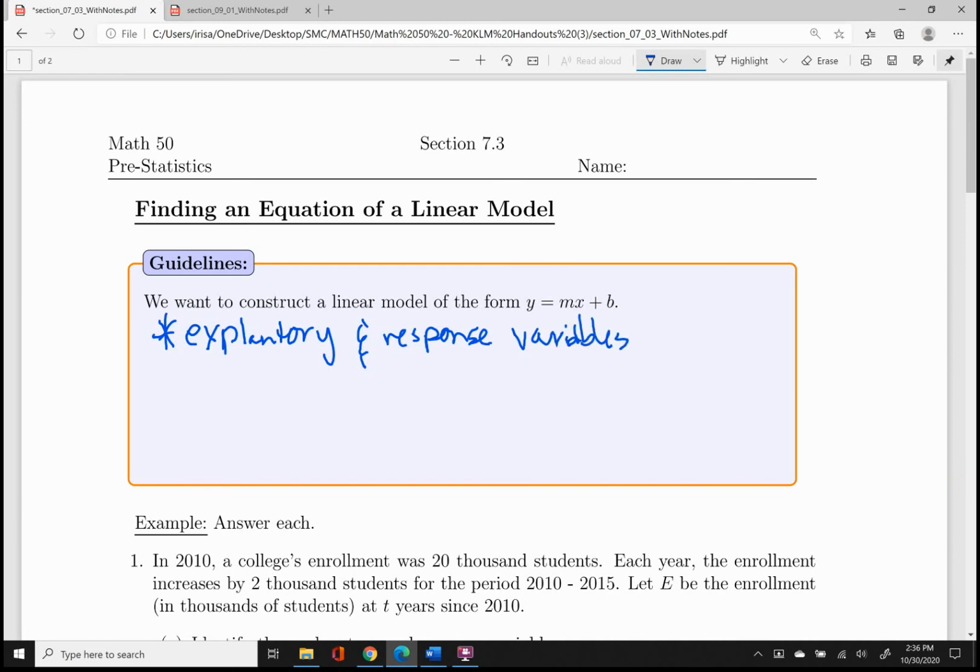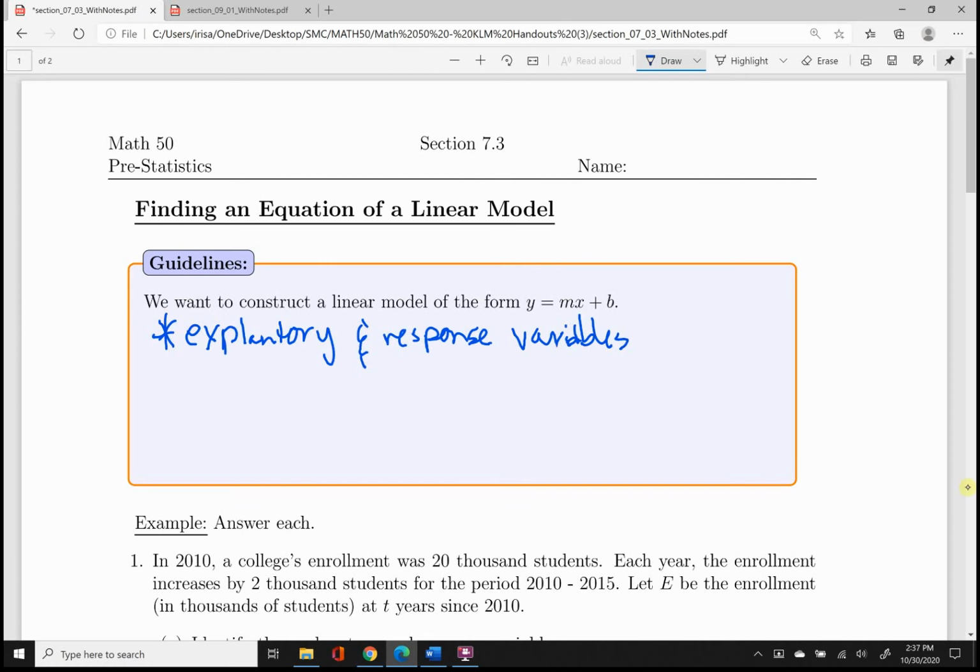Being able to identify those is very important because they're not going to be given to you as x and y respectively. It's going to be your job to see what information comes first in the scenario and then what other information is based off of that or is a direct reflection of that first piece of information. So that'll be going on with that.